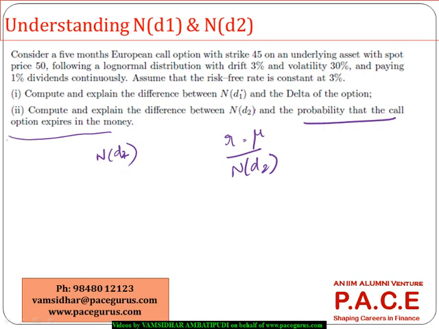Similarly, when I say N(d1) is the same as delta, the underlying assumption is that the underlying asset is not going to give any kind of dividend during that option expiry period. This is what we need to understand before we directly use N(d1) as a representation of delta and N(d2) as a representation of the probability of the call option expiring in the money.